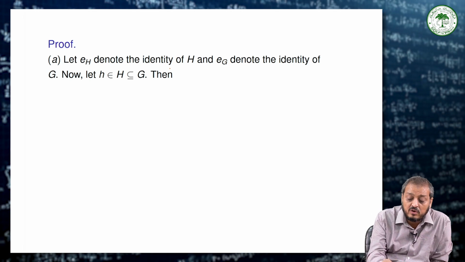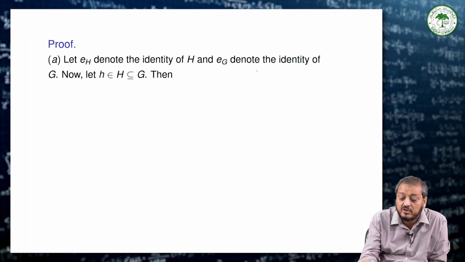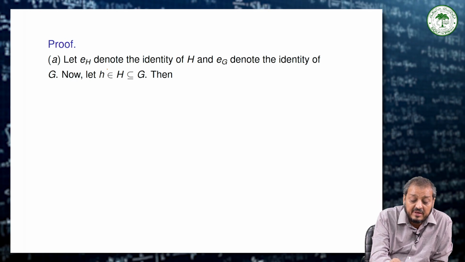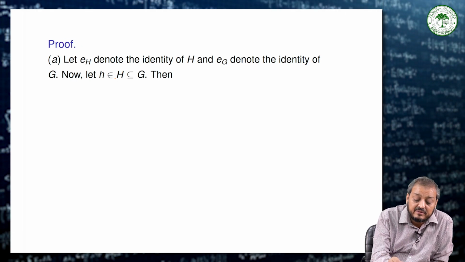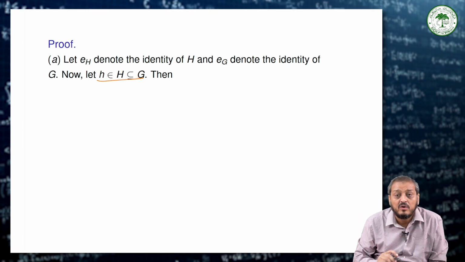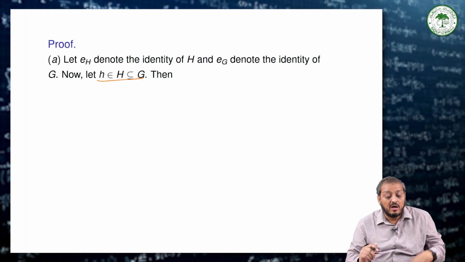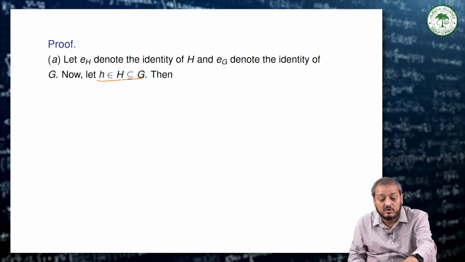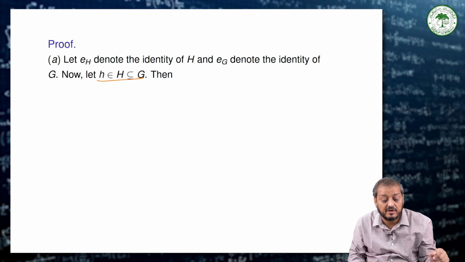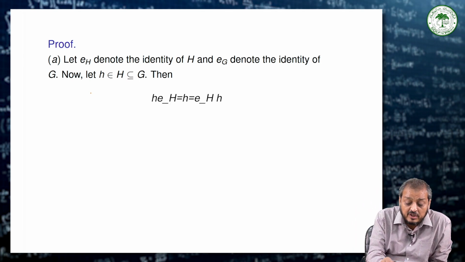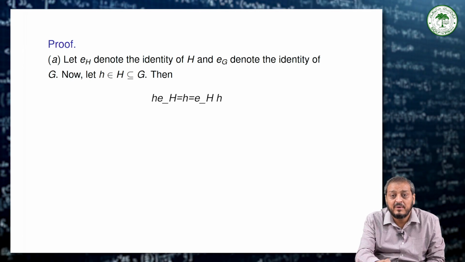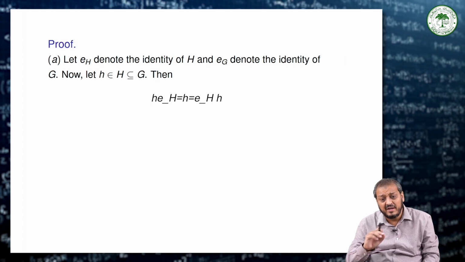Let e_H denote the identity of H and e_G denote the identity of G, and let h be any element of H, and then clearly h is contained in G. So h e_H is equal to h and e_H h is equal to h, by the definition of an identity element.